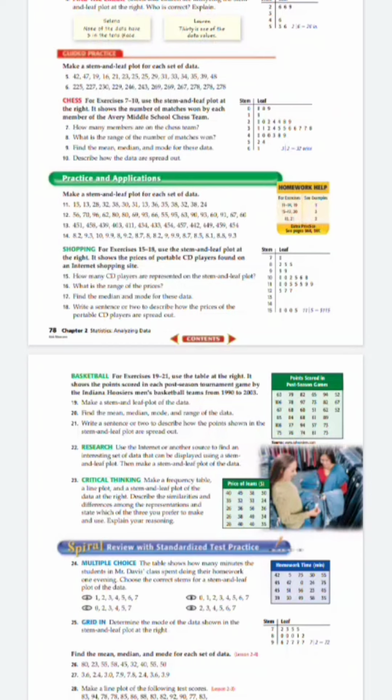Make a stem and leaf plot of the data. 20. Find the mean, median, mode, and range of the data. 21. Write a sentence or two to describe how the points shown in the stem and leaf plot are spread out.